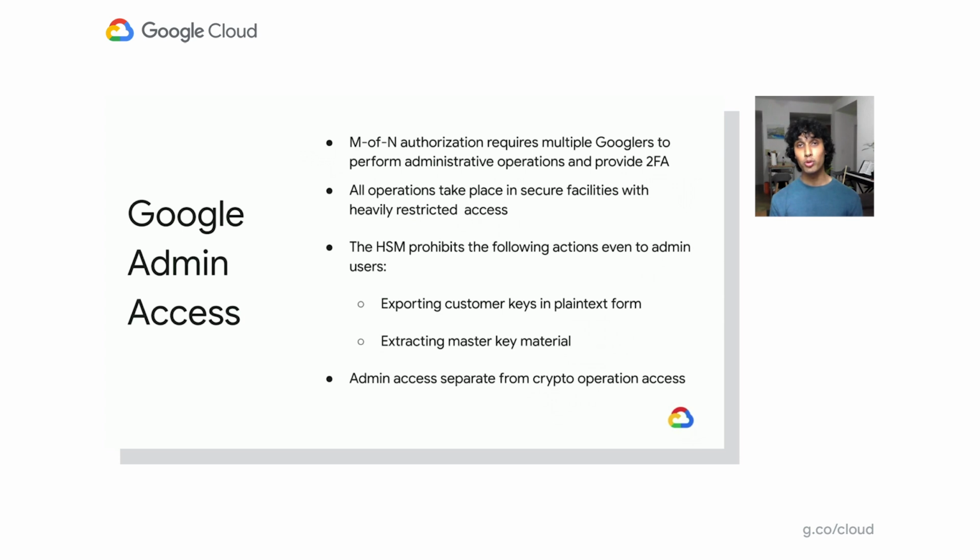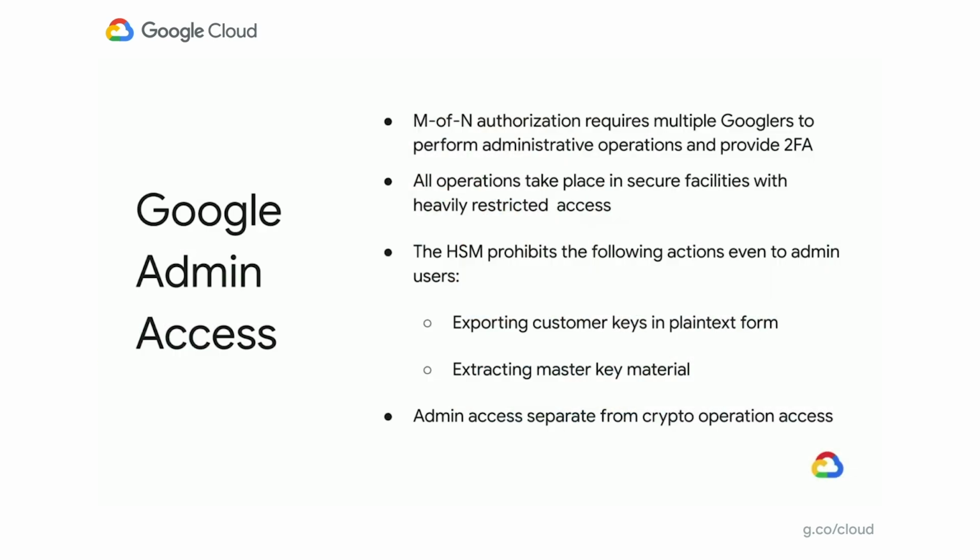So the HSMs require multiple Googlers to authorize each operation, and Googlers need to provide 2-factor authentication in order to do so. All of the operations happen in a secure and highly restricted access facility. We have extensive audit logs, both for access to the facility and all of the operations that happen inside.